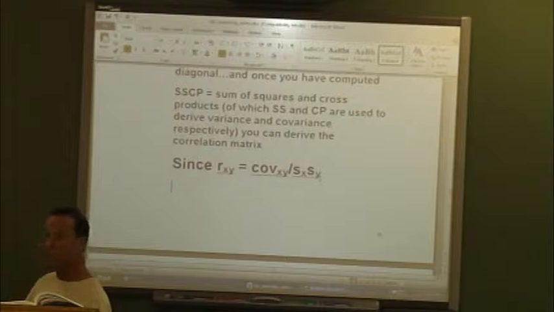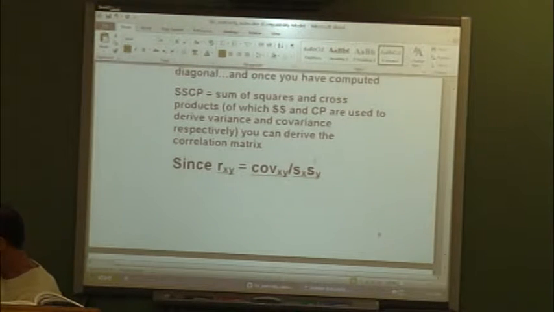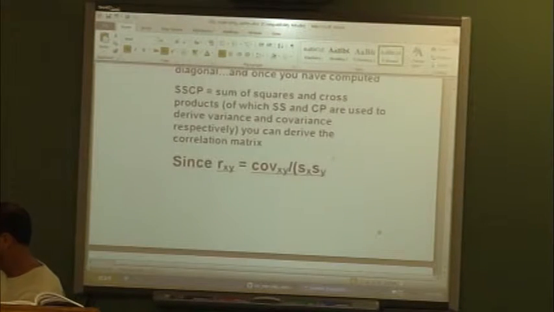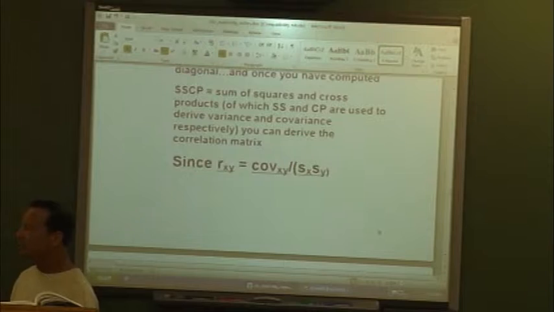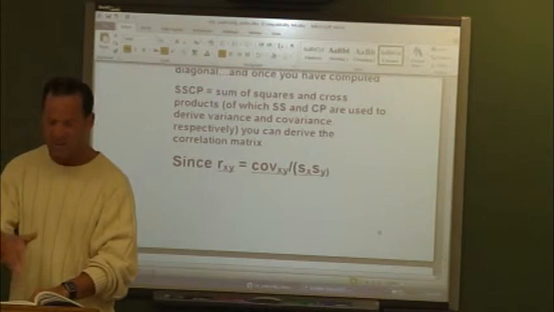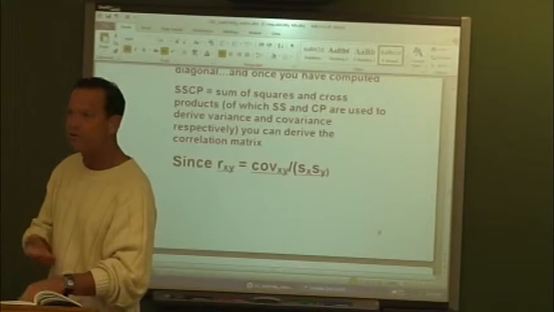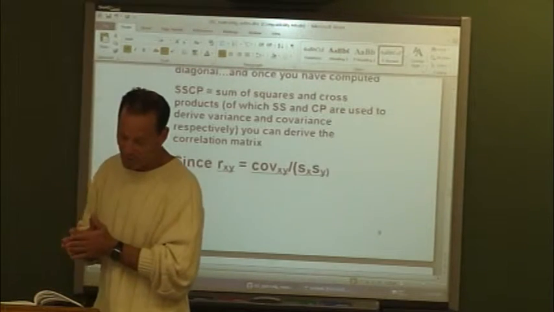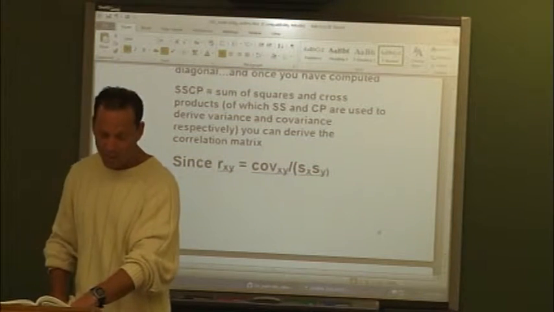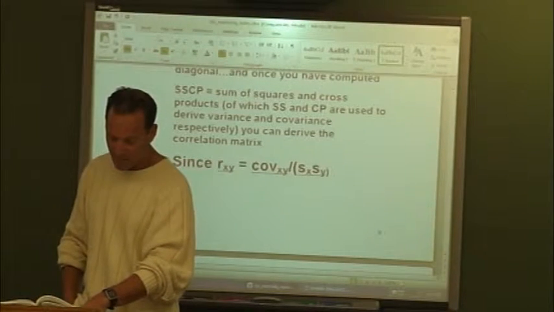Correlation is a function of the covariances divided by the standard deviation of x times the standard deviation of y. So it's kind of cool. Once you get the sum of squares and cross products, you can derive so many statistics that are used in regression, ANOVA, canonical correlation. So again, look at the steps on page 50 when it goes into steps.